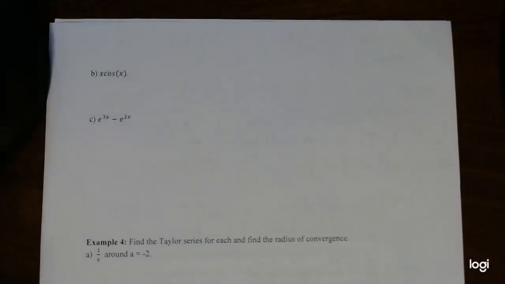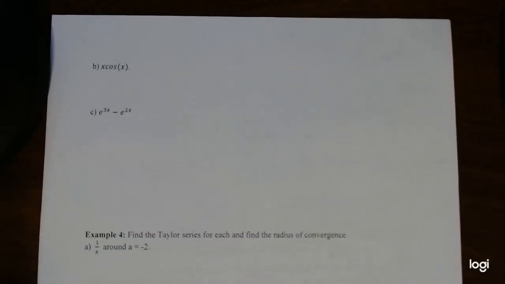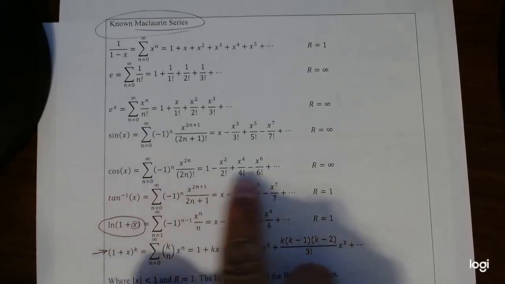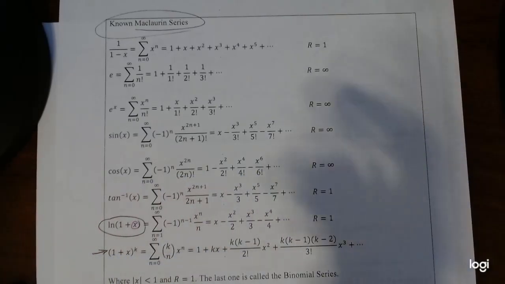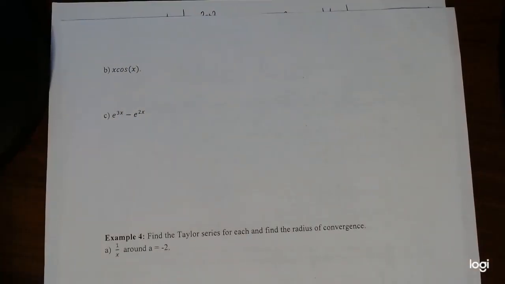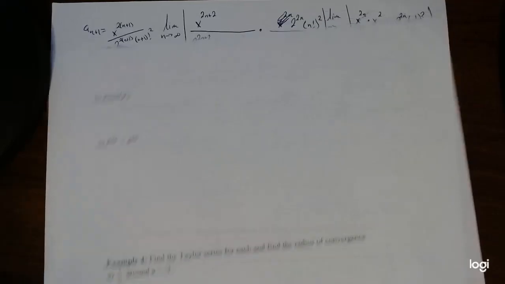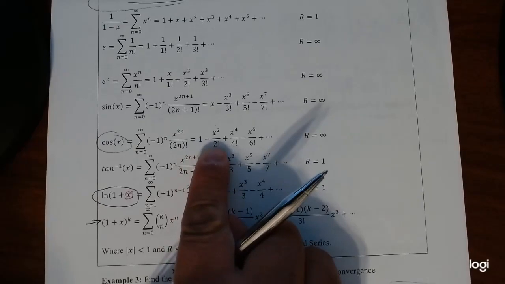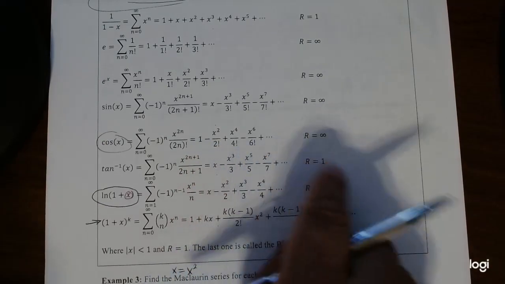All right, x cosine x. Now again, going back over here, we know what cosine is. So the only difference between what we have here and what we're looking for here is just multiplying by x. So literally, we're just going to multiply every term of cosine x by x. So I'm just going to times this by x, times by x, times by x, times x, and so forth down the line.